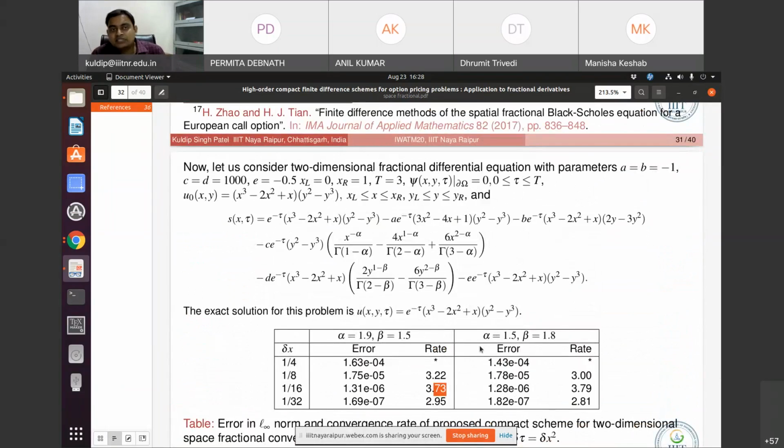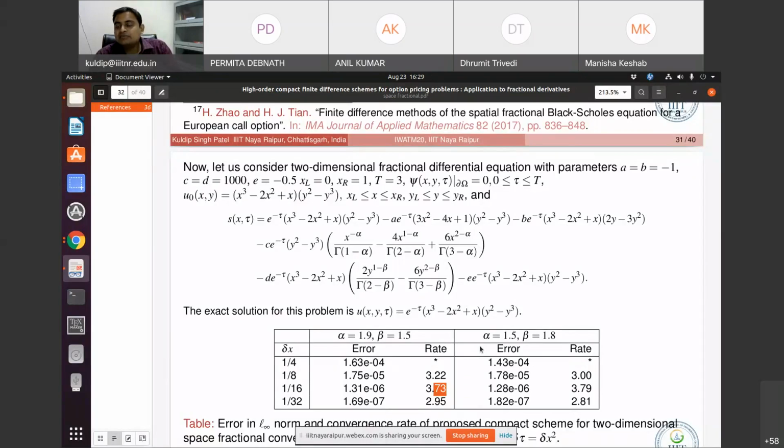The last example which I'm going to show, so what is the conclusion? Whatever the compact scheme we have established can be used for PDEs, for partial integral differential equations, for linear complementarity problems, for time fractional differential equations, for space fractional differential equations.